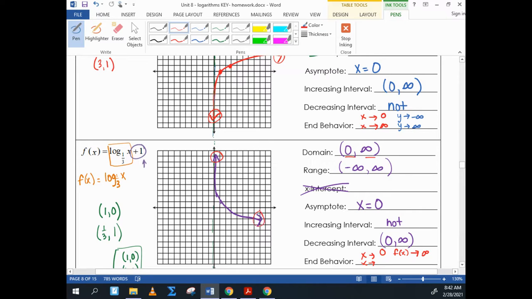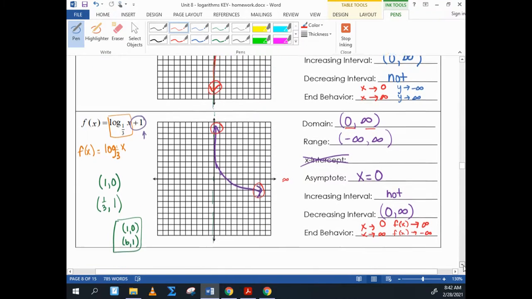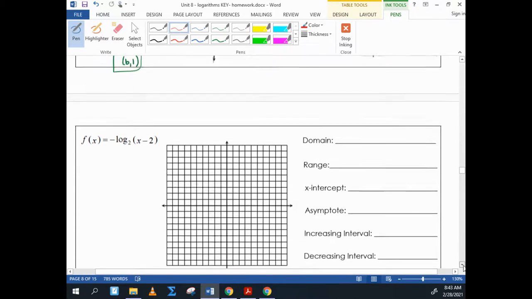And then on the other side, the x's are going to positive infinity. This is my positive x's over here. So as I go to positive infinity, my f of x's are going down to negative infinity right there. All right, let's try another one in this video.